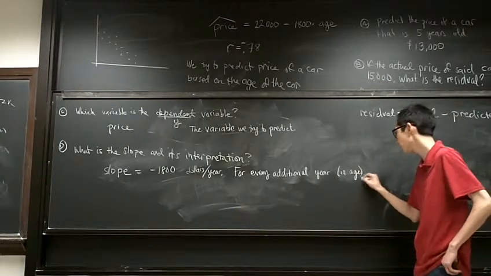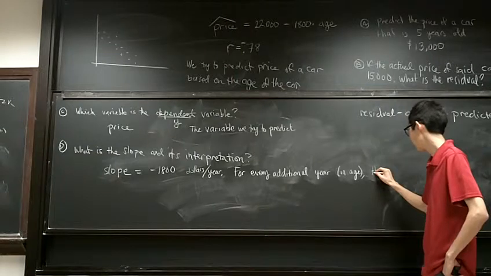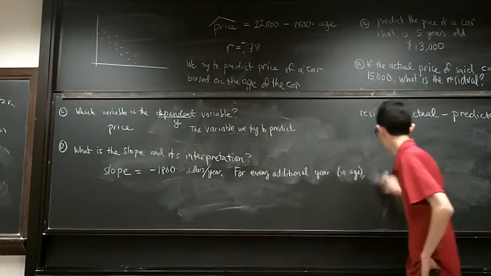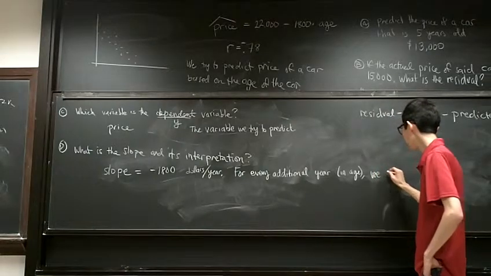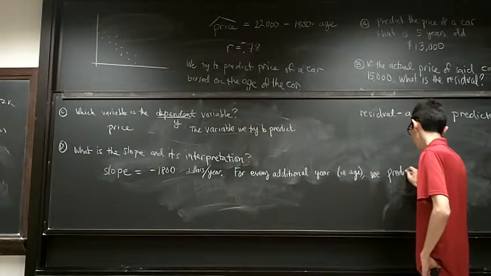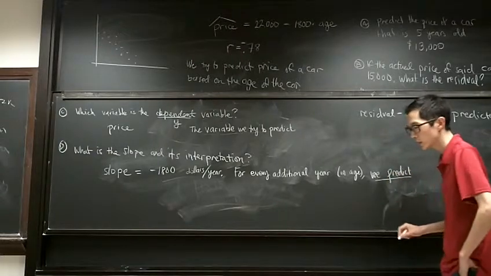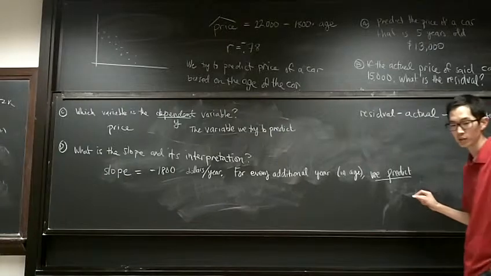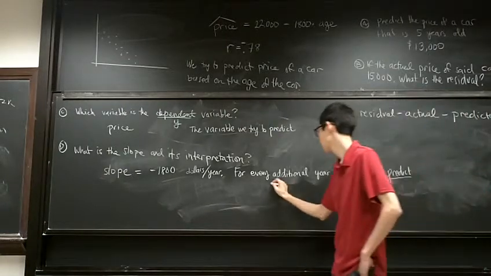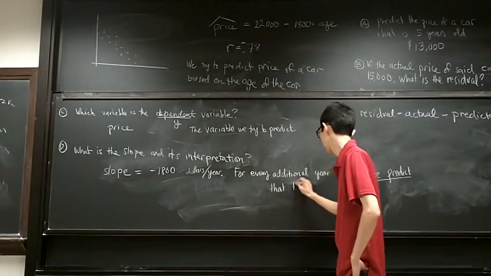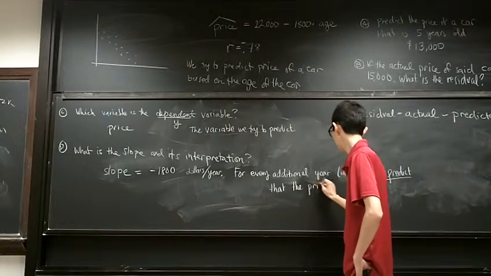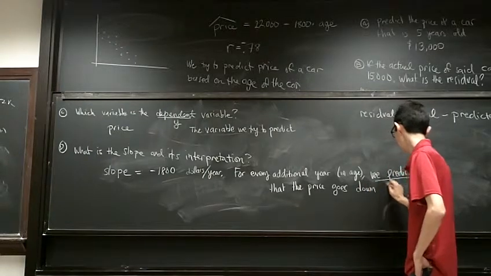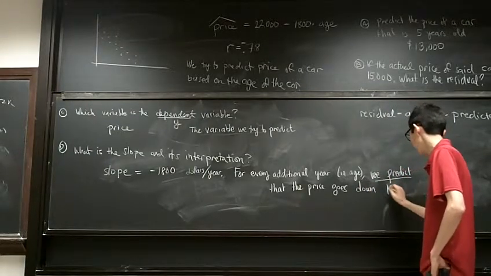For every additional year, we predict, and it's important that we use the word predict, because it doesn't mean that it always happens. It's just that we predict that this happens. We predict that the price goes down $1,800.